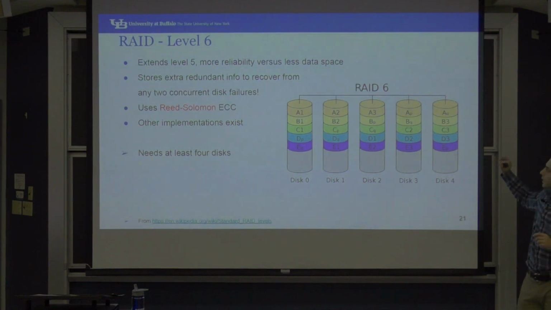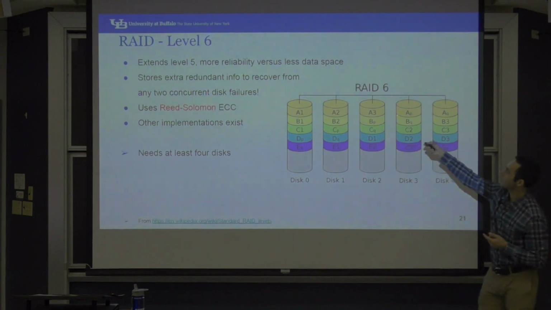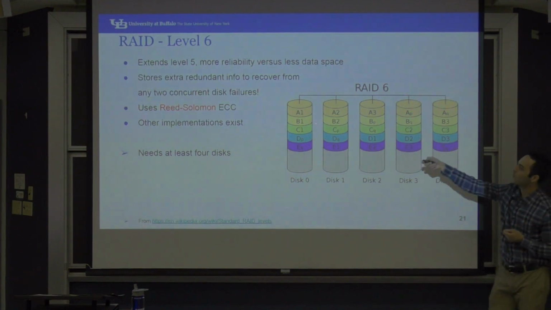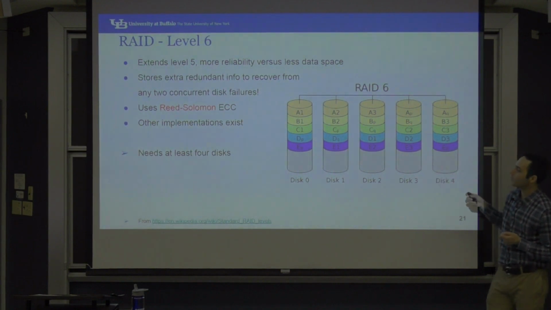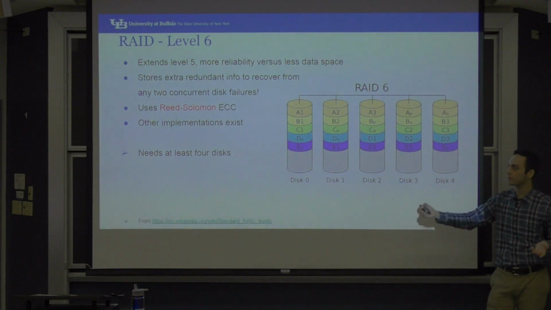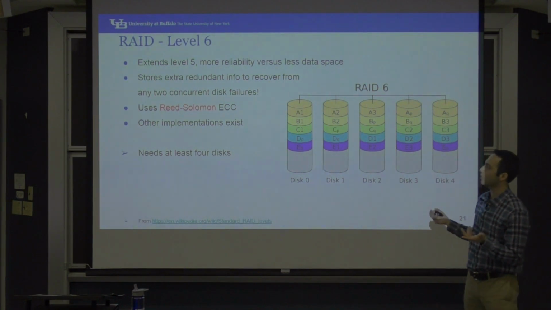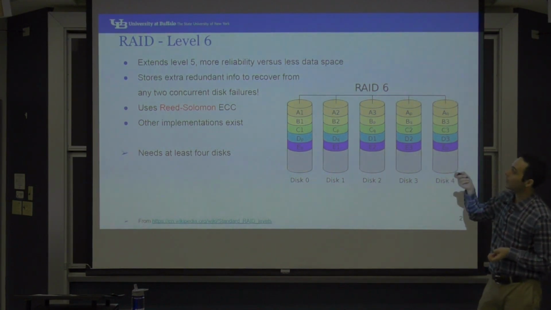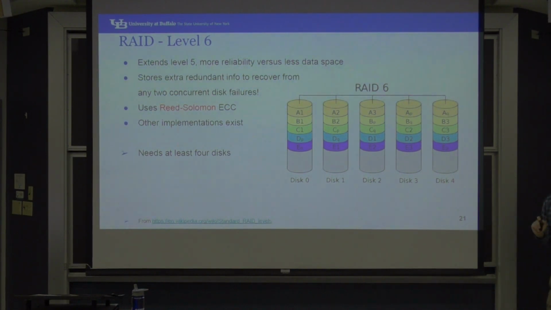So it now has 2 parity blocks. Let's say for A1, 2, and 3, you have AP and AQ. For B1, 2, and 3, you have BP and BQ, and so on. Obviously this wastes more space, because 2 of these disks are not giving you space, just redundancy. But they can recover from any 2 concurrent disk failures.